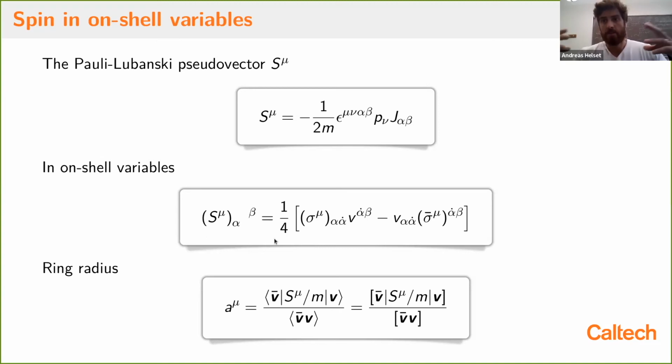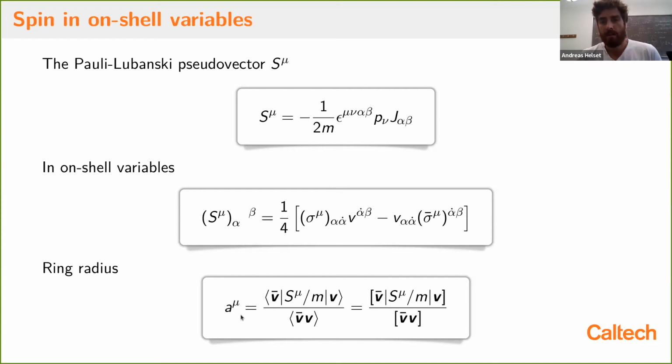So they naturally will be contracted with these heavy spinors on the outsides. And if you normalize it like this, as well as divide by the mass, this expression takes on the role of the ring radius of the black hole.